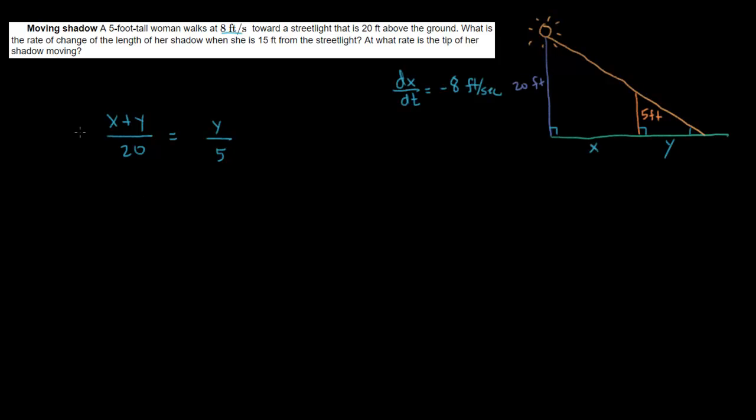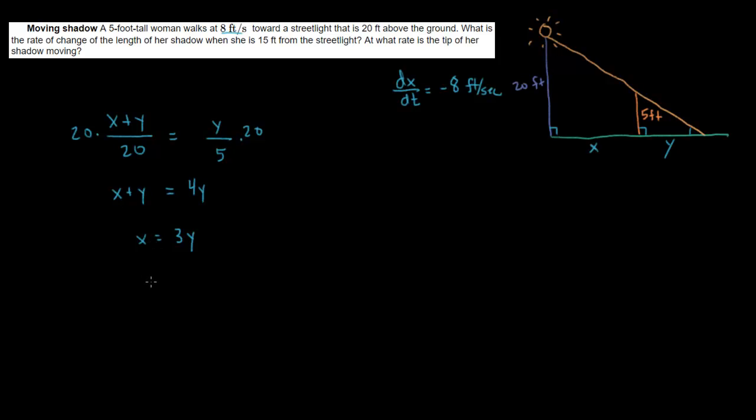If we multiply both sides by 20 just to clear the denominators, like you're in algebra class all over again, multiplying by the least common multiple of the denominators of both sides, we get x plus y over here, and we get 4y over here. And if we combine like terms, we get x equals 3y. So now we actually have a really simplified equation that relates x and y.